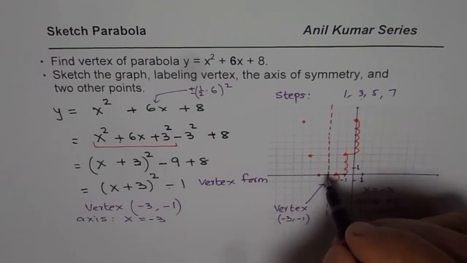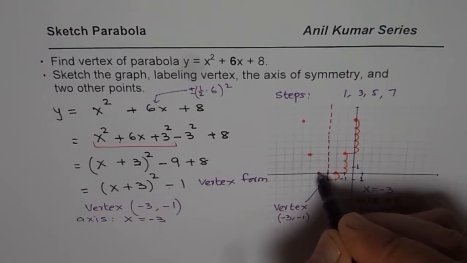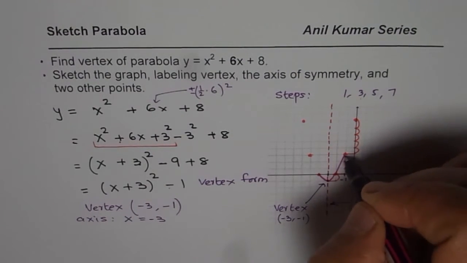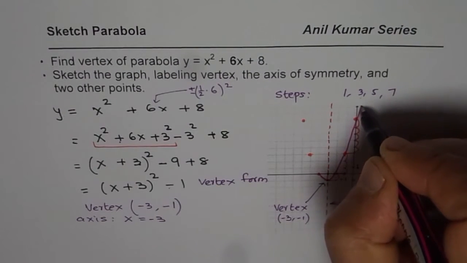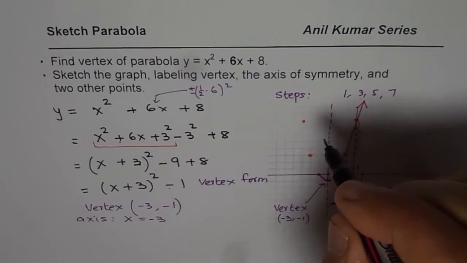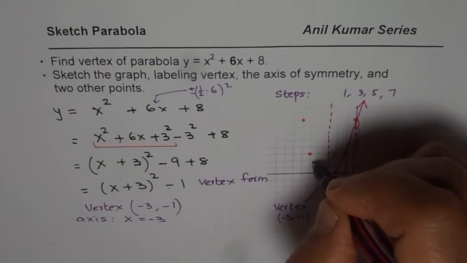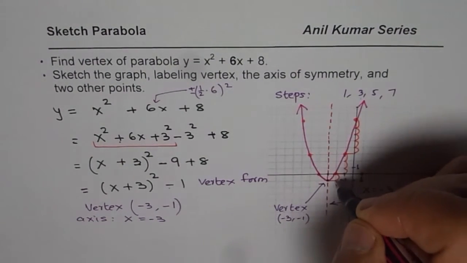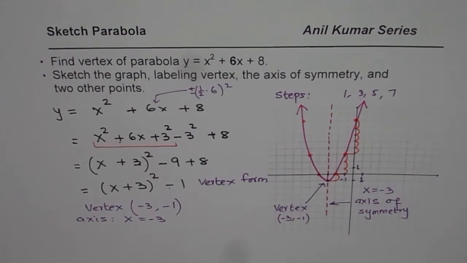Whenever you sketch your parabola, don't make a corner here. Make a smooth curve, followed by an arrow. Since it is extending, the domain is all real numbers and the range is greater than or equal to the vertex point, correct? So that is how you get your parabola.